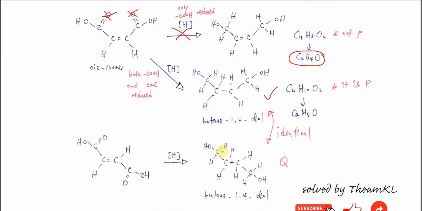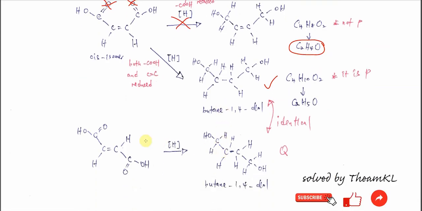If we now use isomer Y for the same reduction, it will produce this diol. These oxygens are removed, add 2 hydrogens there, and the C=C double bond's pi bond also splits, adding 2 hydrogens there.